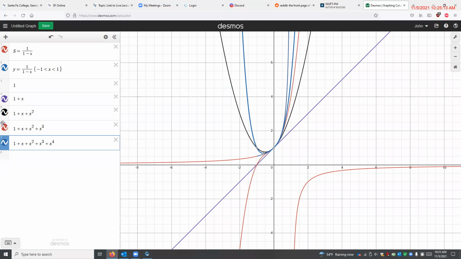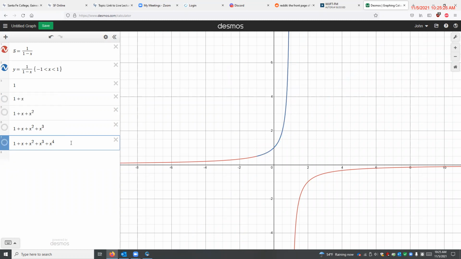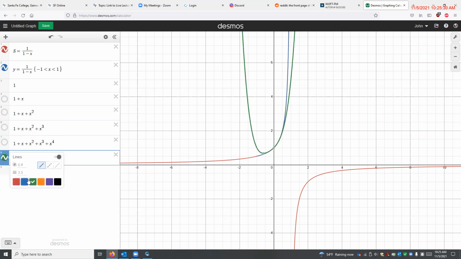Let me play some color games here really quick. And then we're going to reveal these one at a time. Toss in a few more.